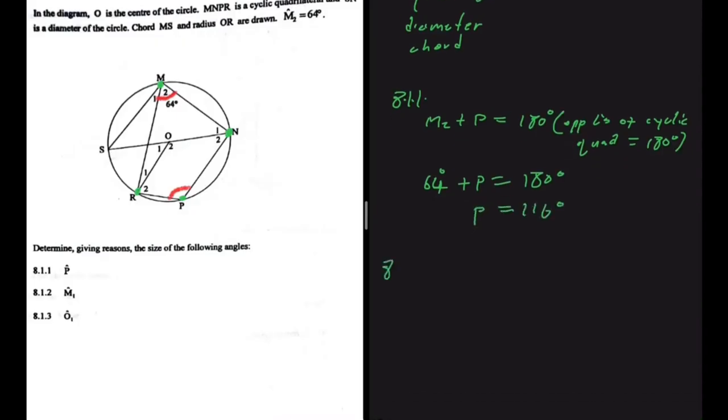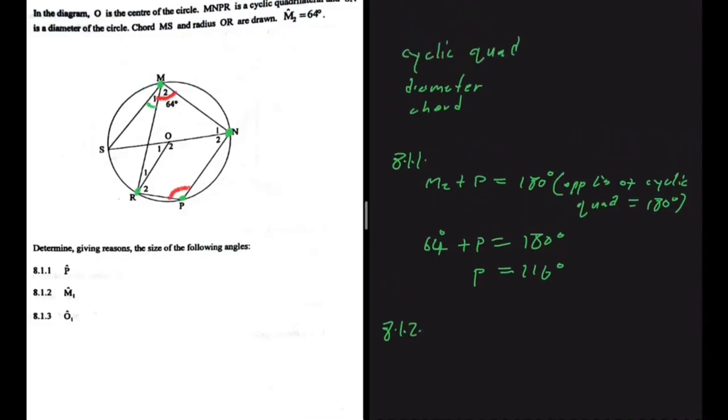And then 8.1.2 says let's determine the size of M1. So M1 is this angle here, right? So let's go to our keywords. We've used a cyclic quad already, and M1 has nothing to do with the cyclic quad, right? So now let's use the keyword diameter, right? If we use the keyword diameter there, we'll see that M1 plus M2 should be equal to 90 degrees, right? Because they're being subtended by diameter SN.